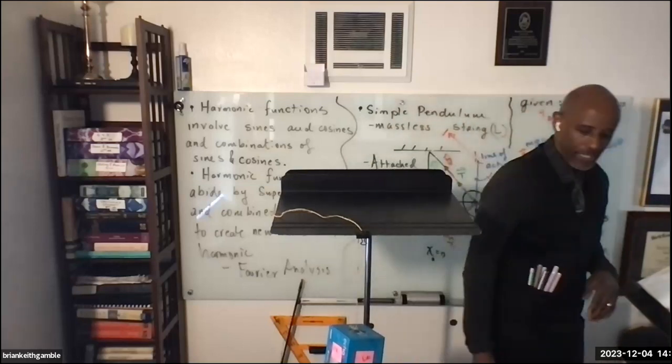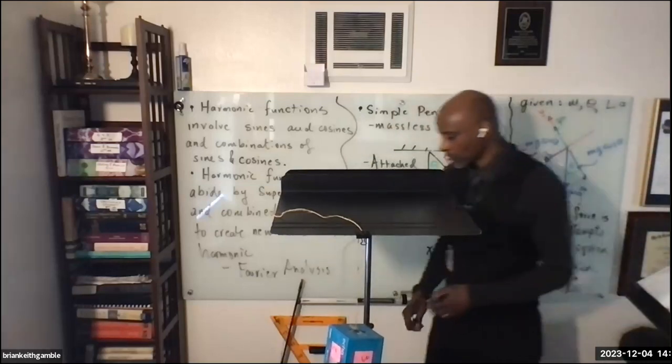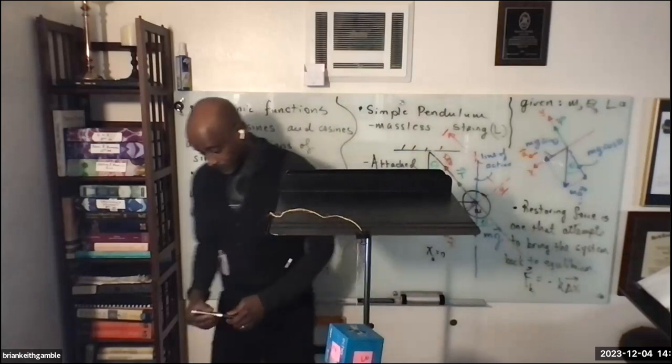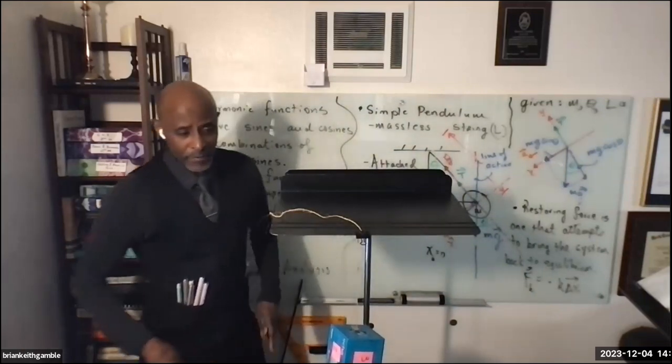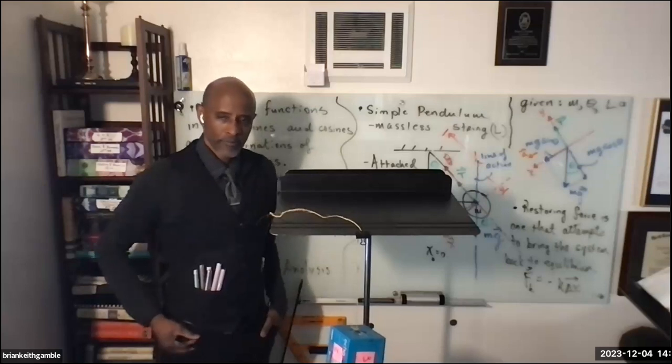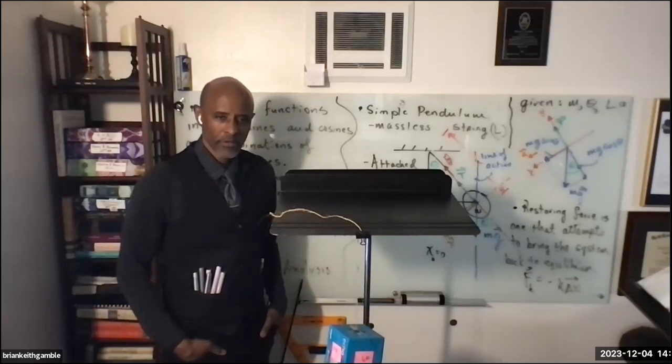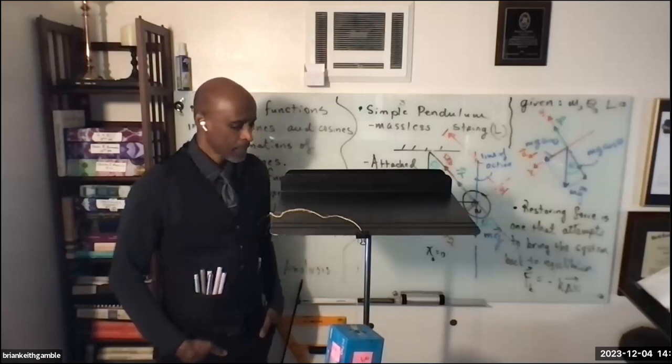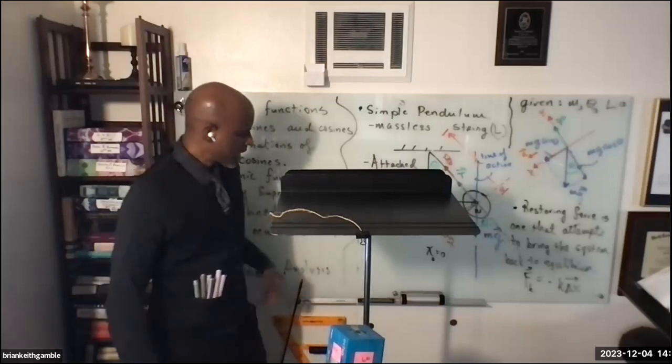Some forces that are not naturally restoring forces, like gravity, for example, can behave like a restoring force depending upon the system that we are discussing. In this case, clearly, the only force on the object is gravity.